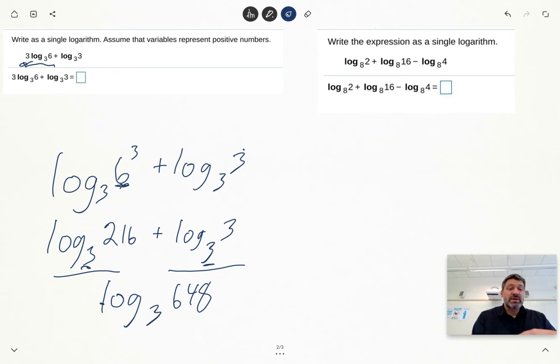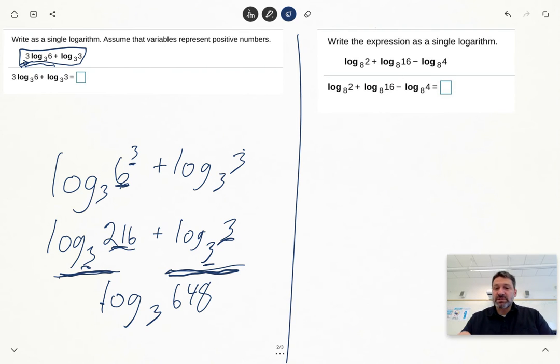Okay, so we changed the format of this. First of all, we took the exponent here, moved it above the 6 to get the log base 3 of 216. So we just used that exponent that was in front of the log. And then a log plus a log is essentially adding 2 exponents, so we add 2 exponents when you multiply the numbers. So I multiplied my 216 times my 3 here.